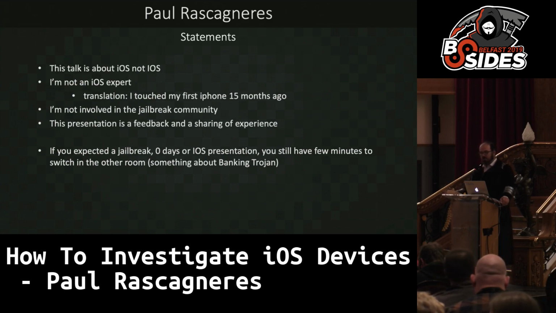we had to work on some investigations on iPhone devices, and I was a little bit lost, because if you try to find documentation on Google on how to do forensics or how to analyze malware on iOS, iPhone, and stuff like that, you don't find anything.